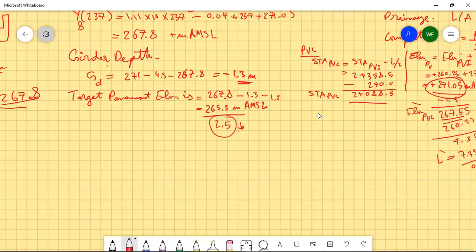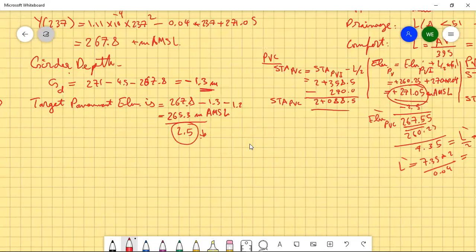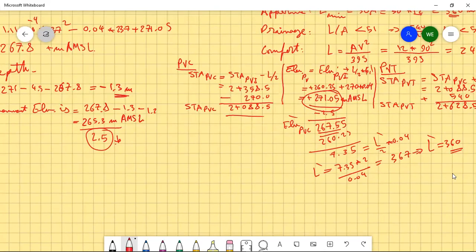We need to calculate the new station for the BVC. So the BVC station dash would be 2 plus 358.5 minus L dash over 2, which is basically 360 over 2, which is 180.